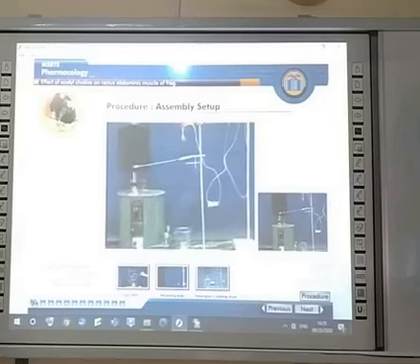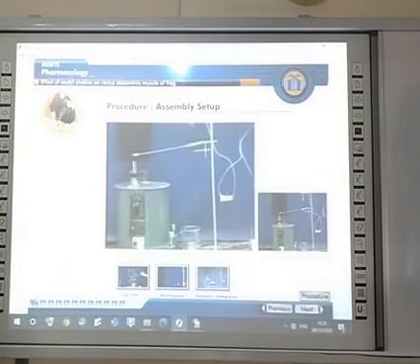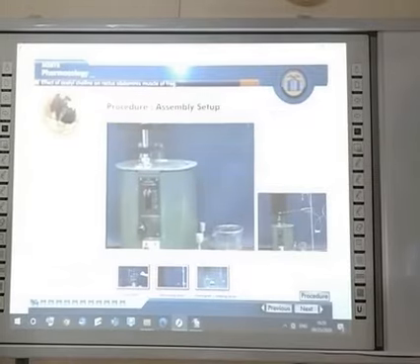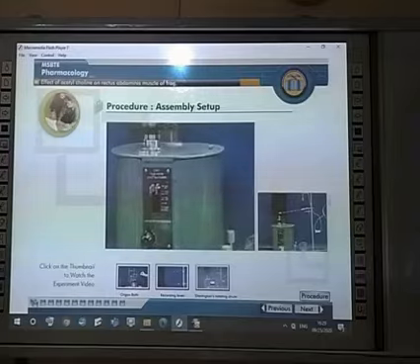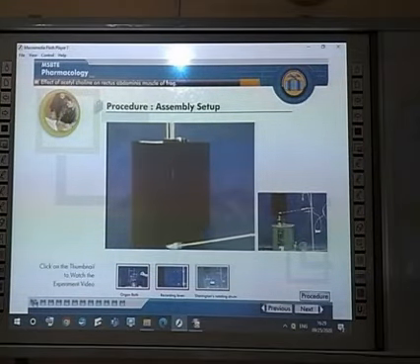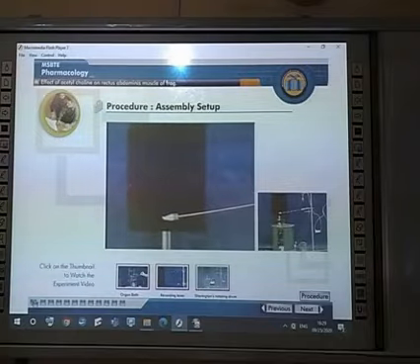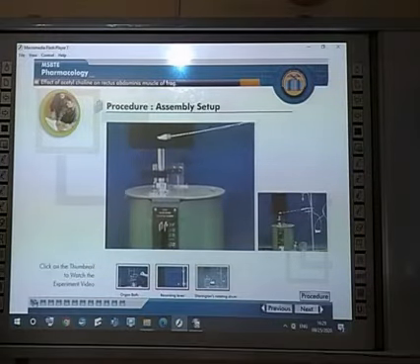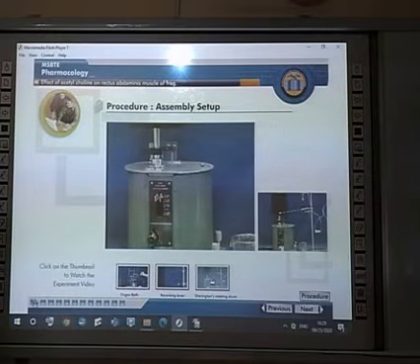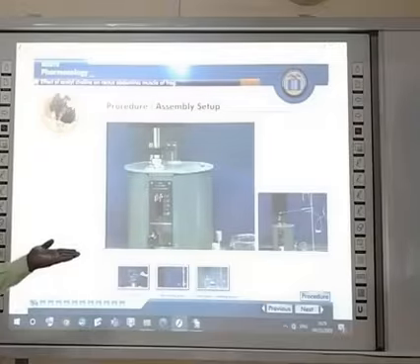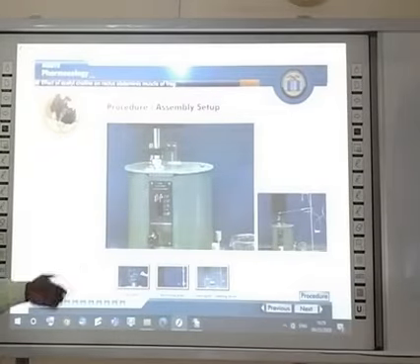It has a clutch lever, a screw lift to alter the position of the drum, and an electrical striker. Kymograph paper is wrapped on the circular drum and is smoked with black smoke of kerosene or benzene. So this is the assembly setup which is required for performing today's practical.